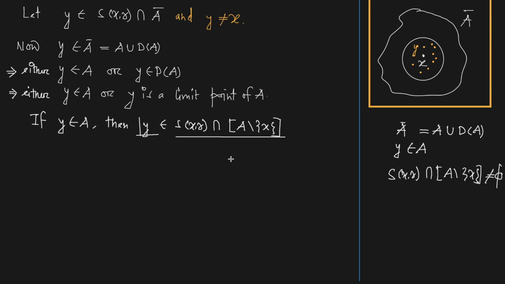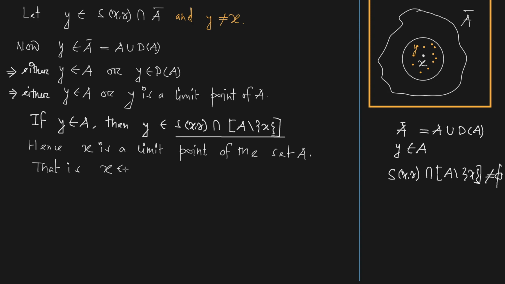So from this we conclude that x is a limit point of this set A. Hence x is a limit point of the set A, that is x belongs to derived set of A.